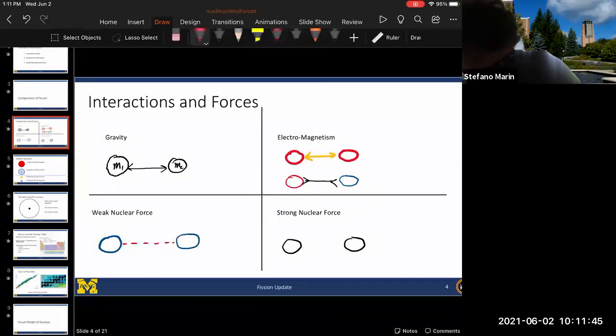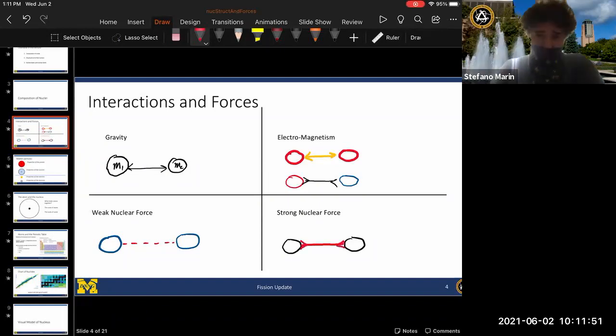And just as the name indicates, the strong nuclear force is extremely strong. It's actually the strongest of all the forces. So strong, in fact, that it can win over other forces. Two things that you might think would want to repel each other, if they interact with the strong nuclear force, might actually start sticking to one another if you manage to bring them close enough together.